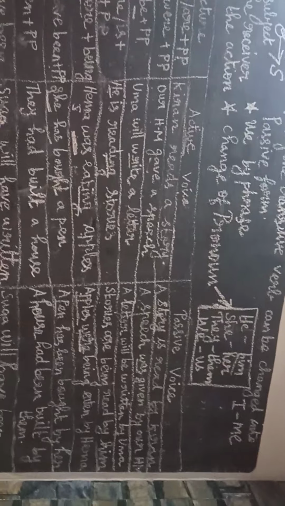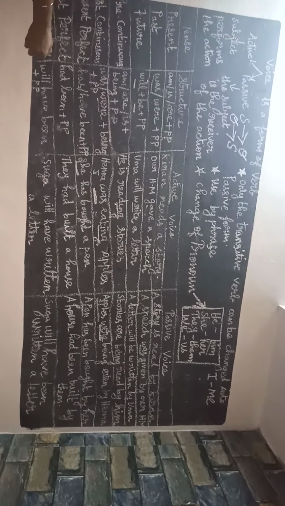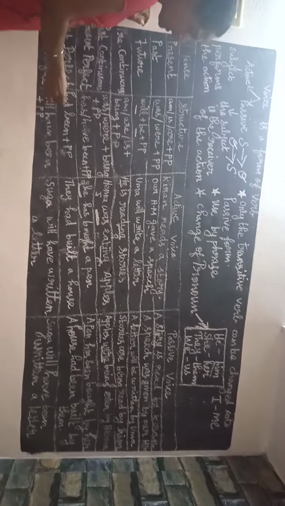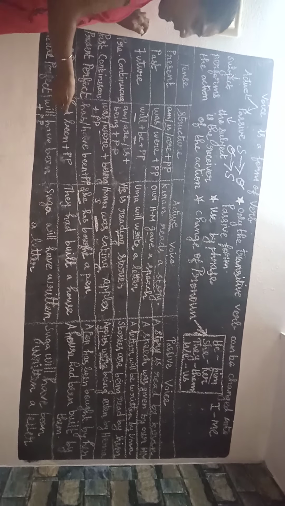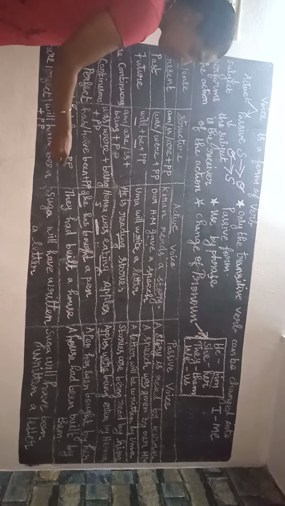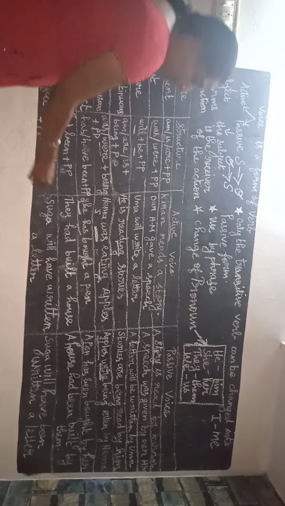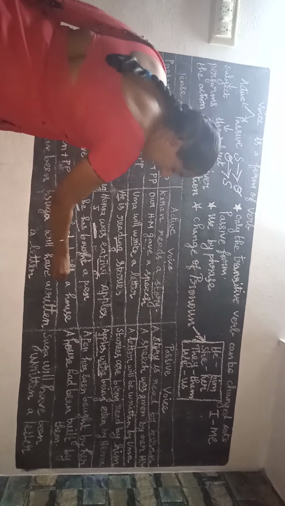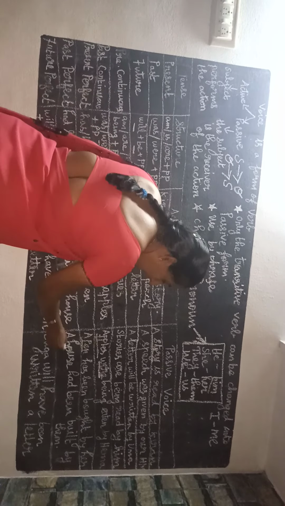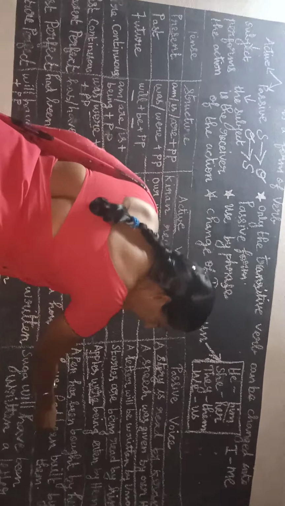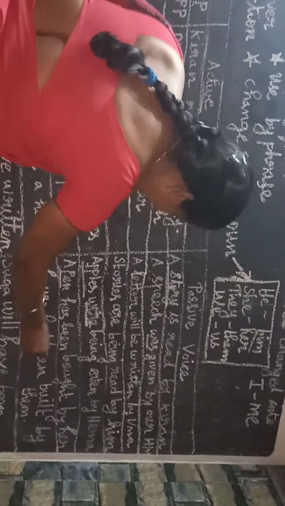In that same way, past perfect tense. What we must do while changing the active voice into passive voice means had been plus past participle. For example, they had built a house. A house had been built by them.